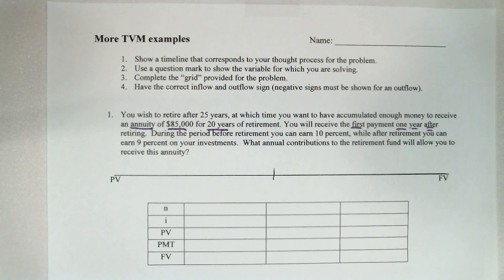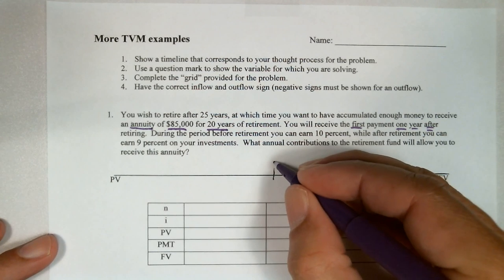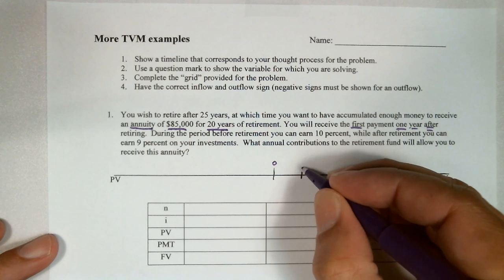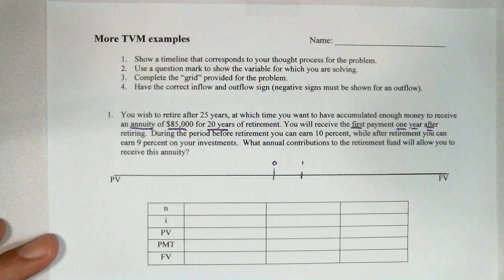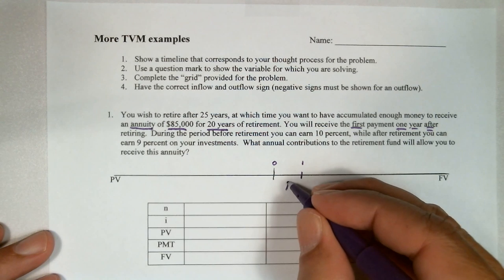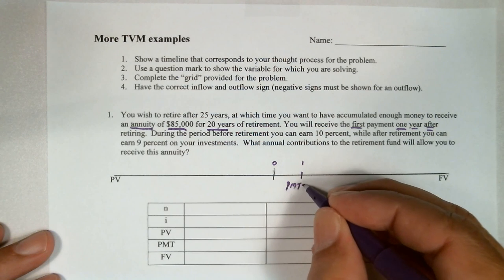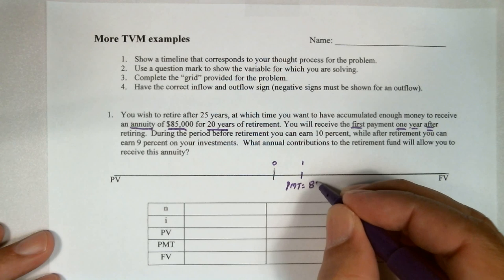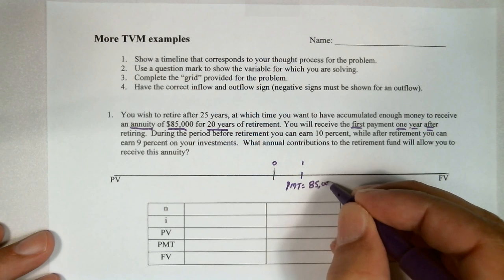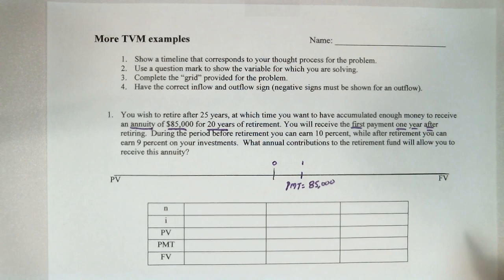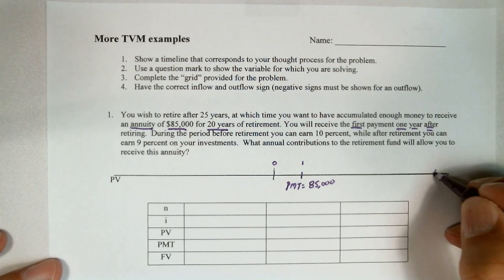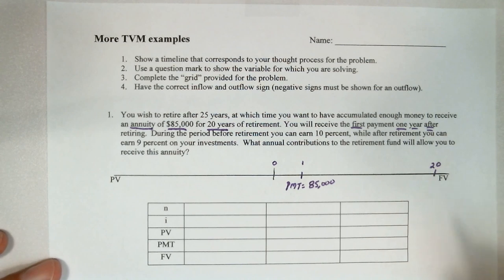That is important because if it is 1 year after retirement, that's when you receive the first payment. So I want to put here payment of $85,000 there. We will receive that for a total of 20 years.